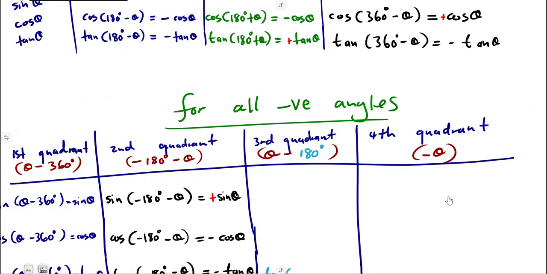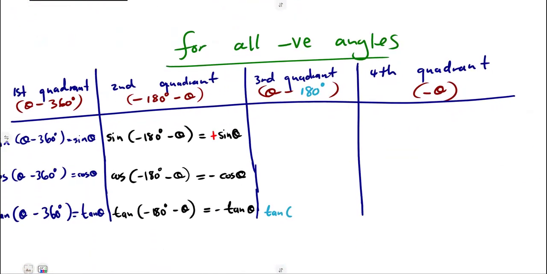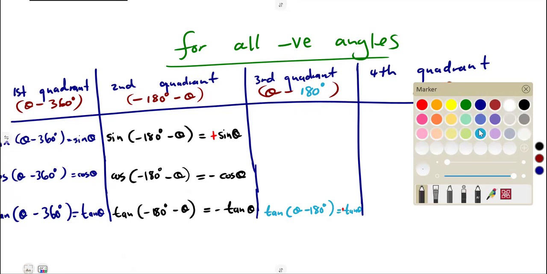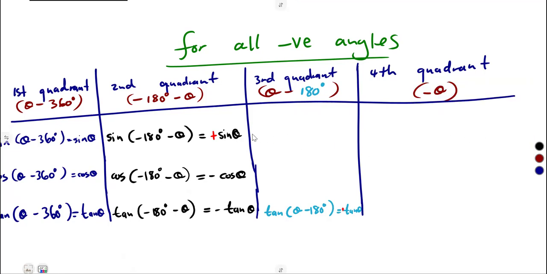So you must be very careful with your presentation: theta minus 180 degrees. This is the only one which is positive. The rest will be negative, the sine and the cos.